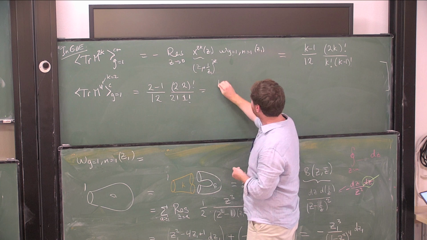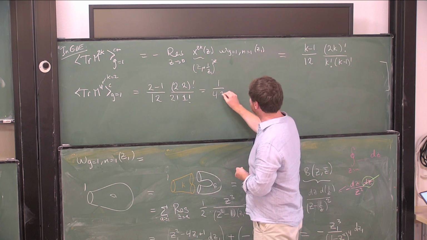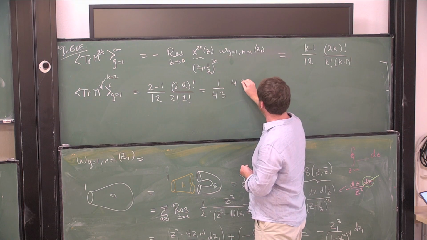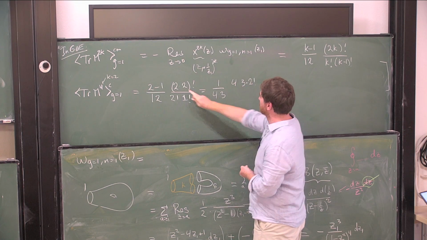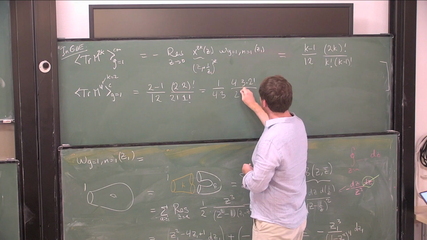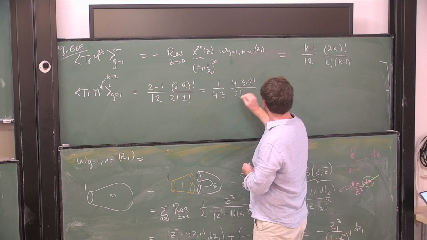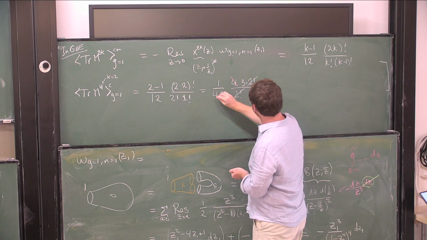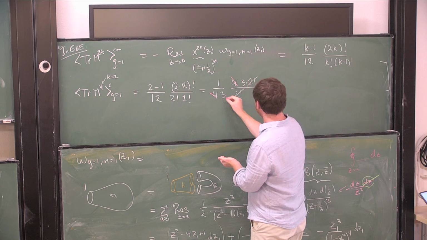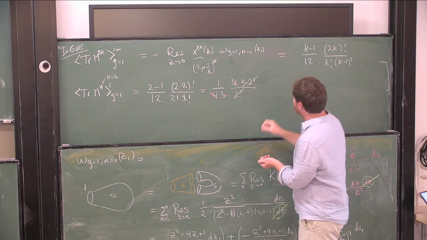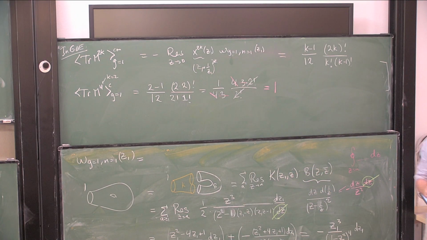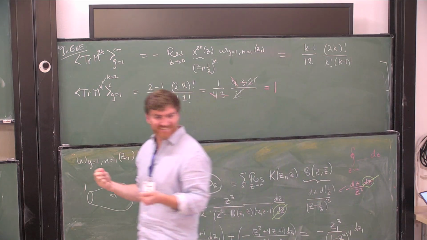Okay. So 1 over 4 times 3, and here you have a 4 times 3 times 2 factorial, 2 factorial. Let's cancel: the 4's cancel, the 3's cancel, and we're left with 1. Great, right? It's very satisfying to see.